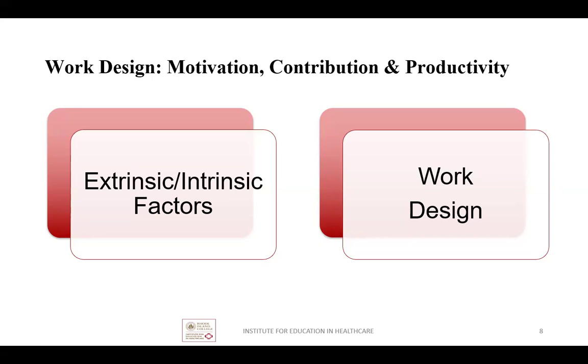This included designing or redesigning the purposes and expectations of working in an organization, and it also led to many different types of jobs and working conditions. The research pointed to two models for understanding and influencing worker motivation: extrinsic and intrinsic factors in motivation, and work design, or the way in which an organization functions.